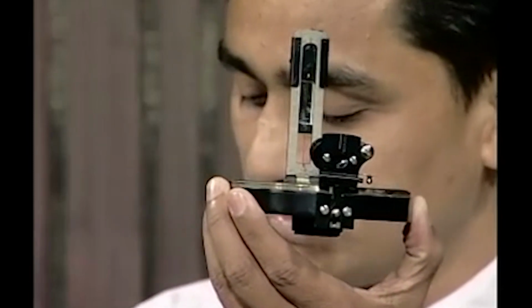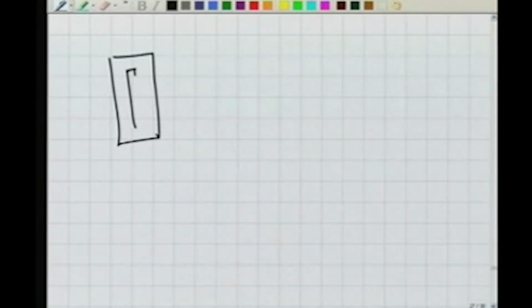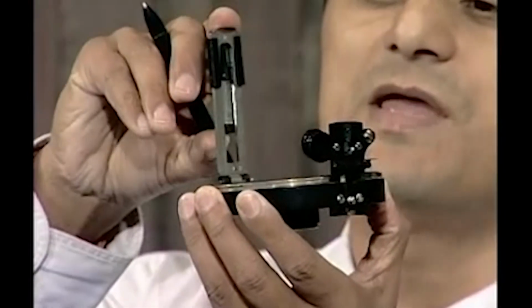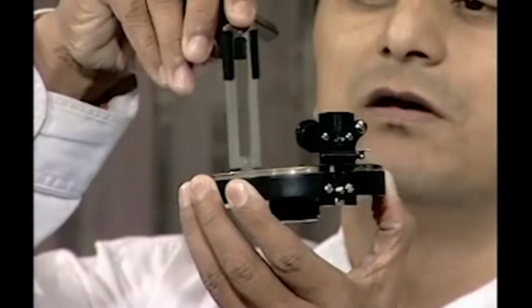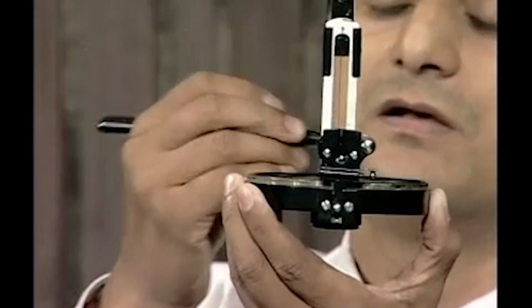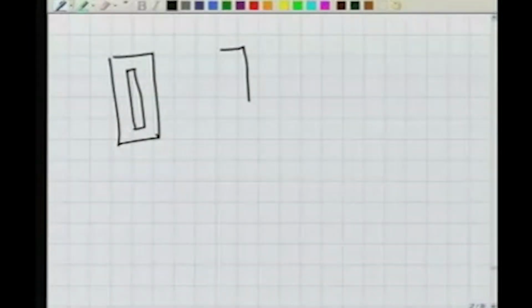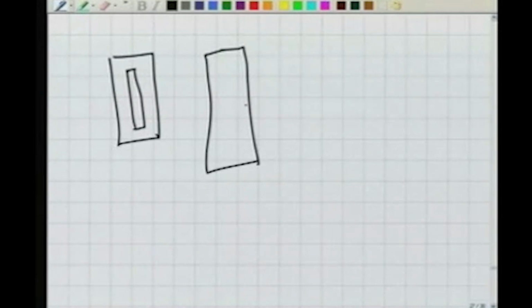The slit means a very narrow opening, while at the other end, in this vane, there is a very thin wire or thread.